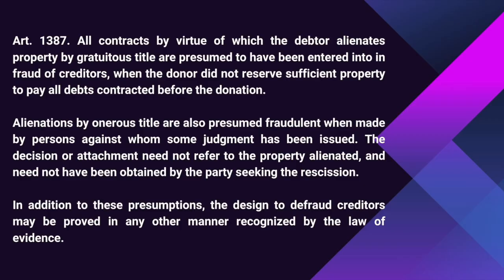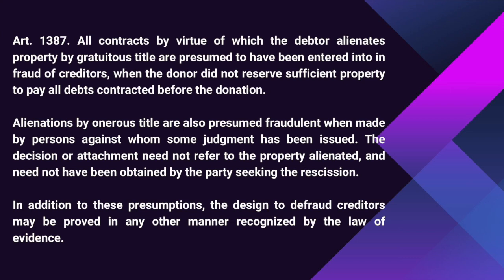So, 1387, all contracts by virtue of which the debtor alienates property by gratuitous title are presumed to have been entered into in fraud of creditors when the donor did not reserve sufficient property to pay all the debts contracted before the donation. So if there was a donation that was made and you had debts prior to that donation and you did not reserve sufficient properties for those, then the presumption is that is fraudulent, that the gratuitous donation is fraudulent. But how about for onerous donations?